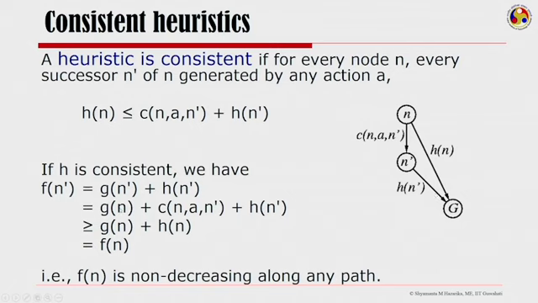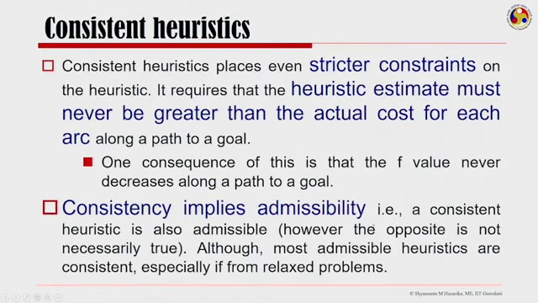Given g of n plus c of n, A, n prime plus h of n prime to be greater than or equal to h of n, the f prime of n that we have is greater than or equal to g of n plus h of n, and this is nothing but f of n, the cost at node n of coming here. So f of n we see is non-decreasing along any path. So let us look back on what we said about consistent heuristics: it puts stricter constraints, no doubt, but once we have a consistent heuristic, the f value never decreases along a path to the goal.